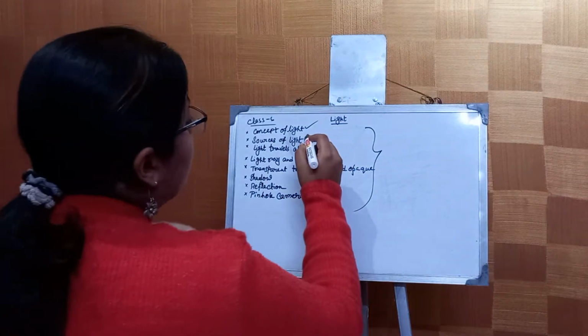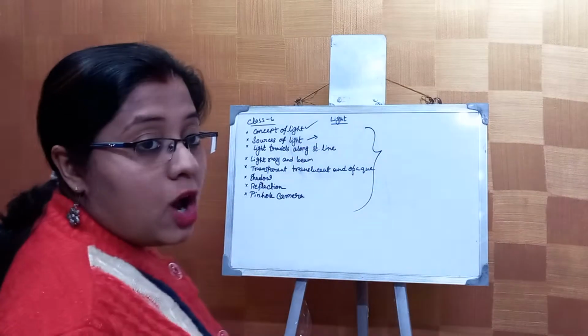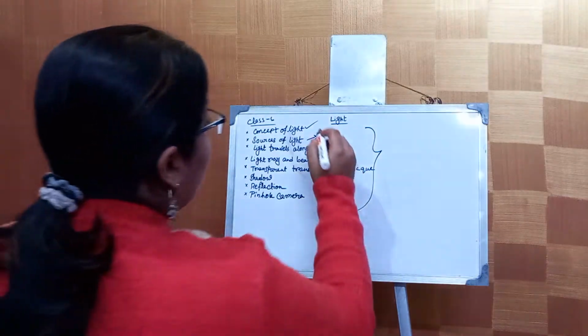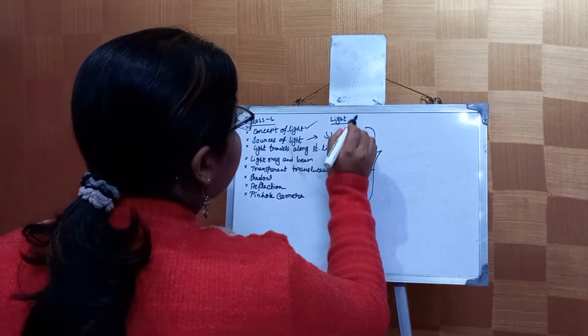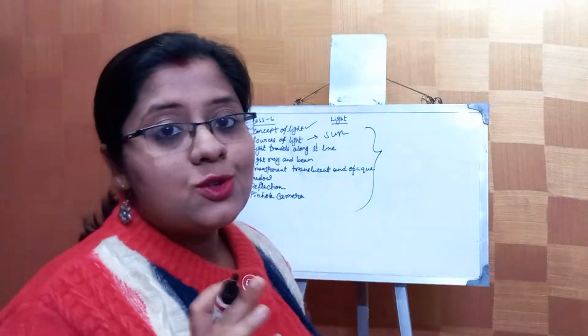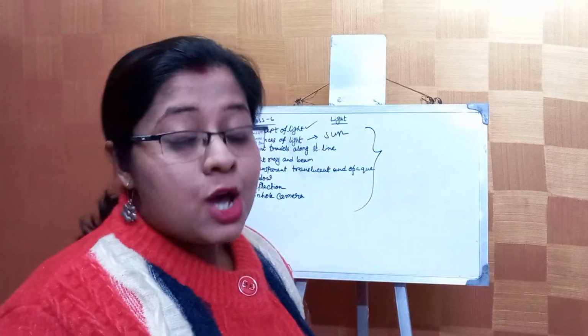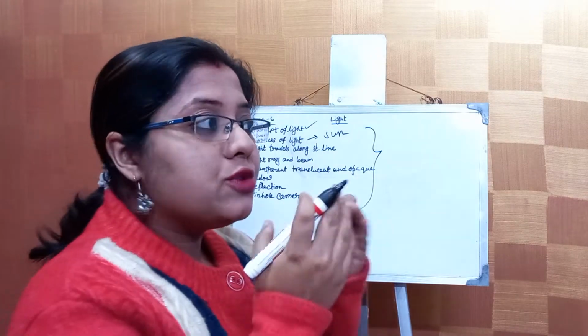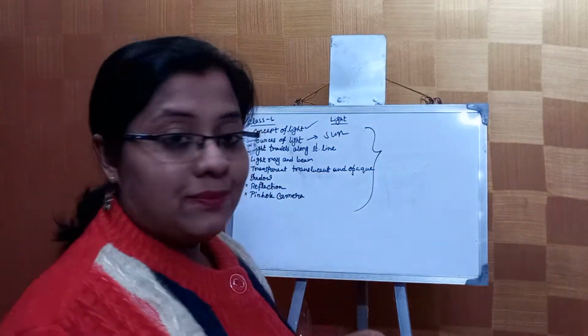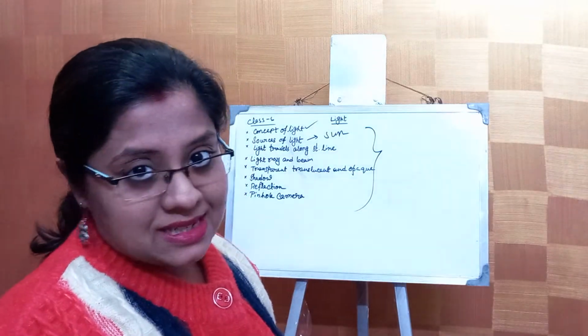Next is sources of light. What are the sources of light? See, sources means the way or the object from where you get the light. Suppose here I am writing sun. We know the sun is the ultimate source of energy. So from the sun, continuous we get the light. Fine. So what I will say, this is called luminous object.